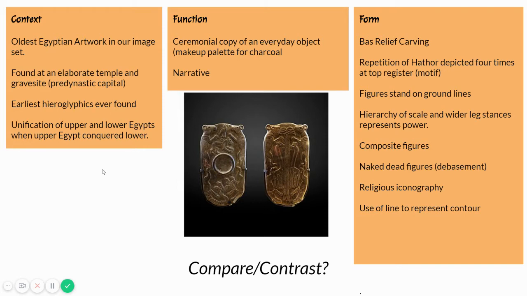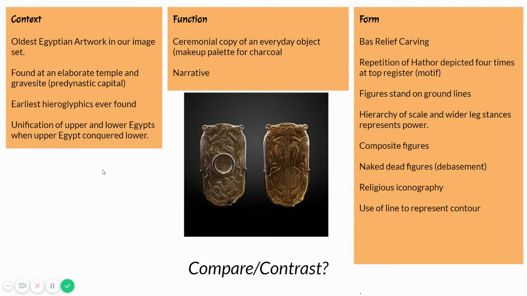We have already stated these are the earliest hieroglyphics ever found, and that what it is commemorating is the unification of Upper and Lower Egypt, when Upper Egypt conquered Lower Egypt, and King Narmer then unified both of those regions.